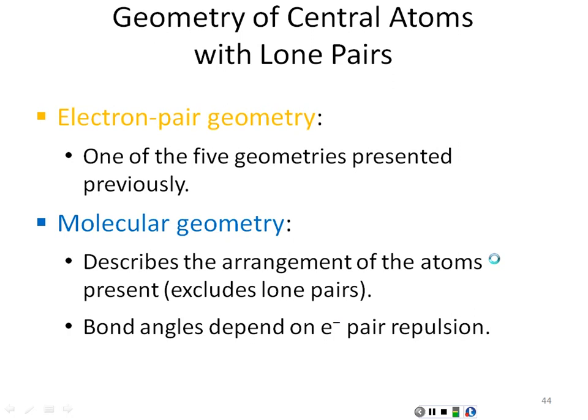The molecular geometry is the one that we really care about because this describes the arrangement of atoms present, excluding the lone pairs. And when you talk about the shape of a molecule, the molecular geometry is what you're really concerned with. And the bond angles are going to depend on that electron repulsion, and the lone pair, as we'll see, tends to have a higher repulsive force.